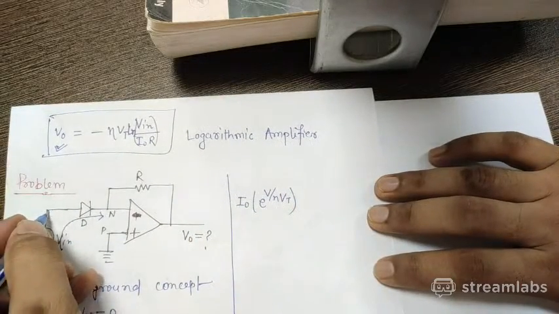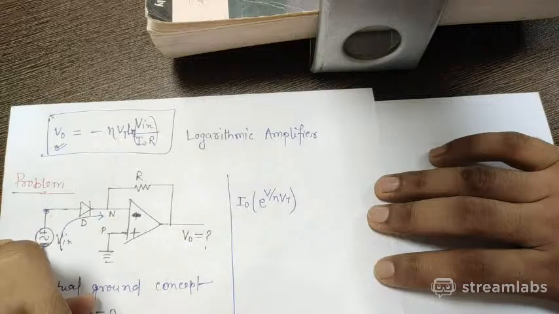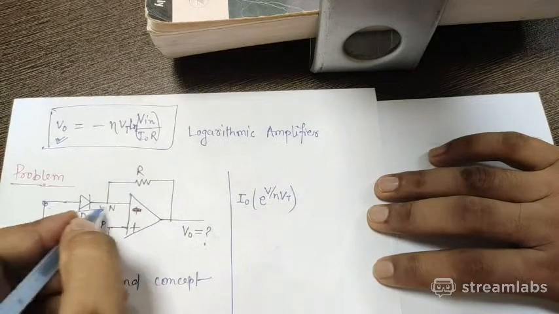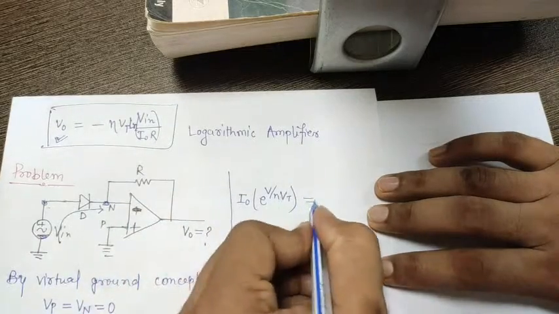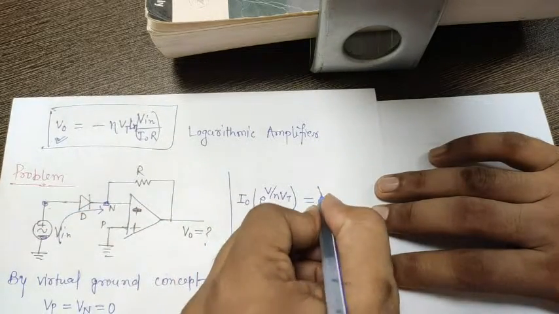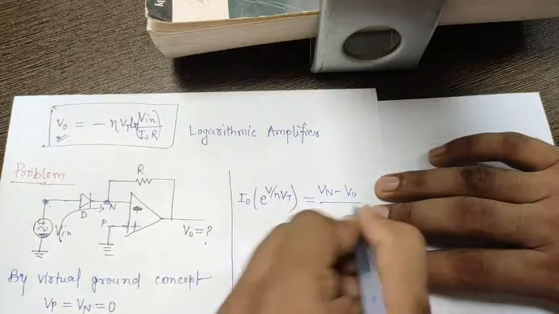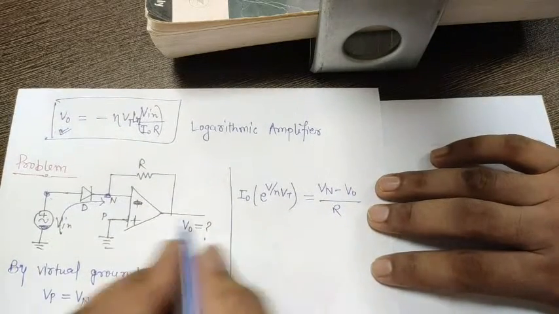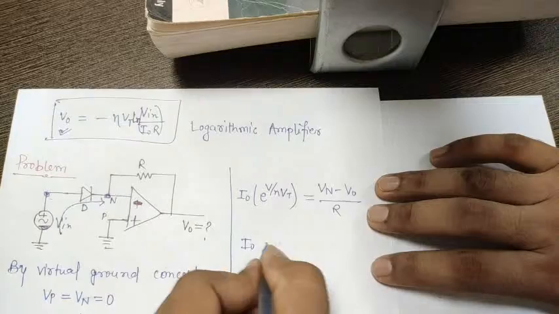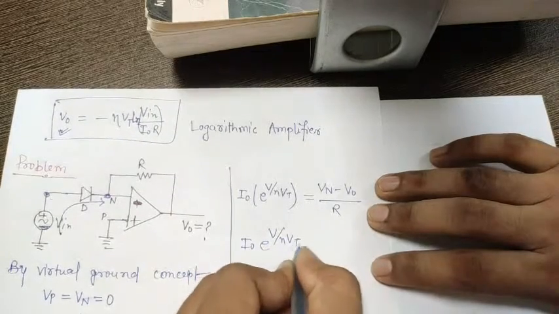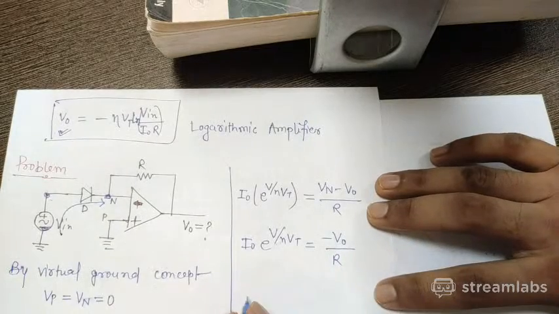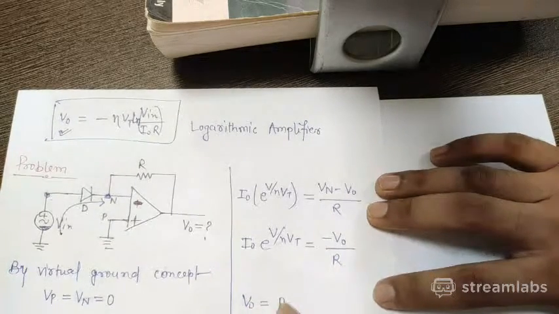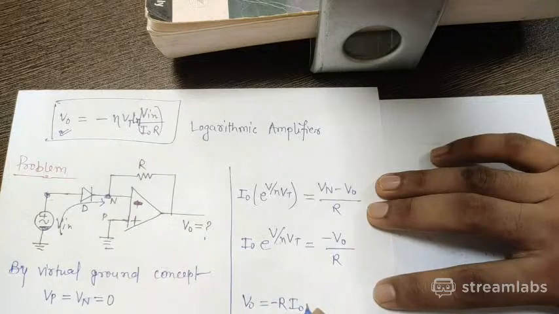Again the diode is forward biased because here is the positive power supply. This positive supply is greater than 0, and this one is 0, therefore this diode is forward biased. That is equal to the current (V_n minus V_0) upon R. I_0 e to the power V upon eta V_T is equal to minus V_0 upon R. So V_0 equals R I_0 minus R I_0 e to the power V upon eta V_T.